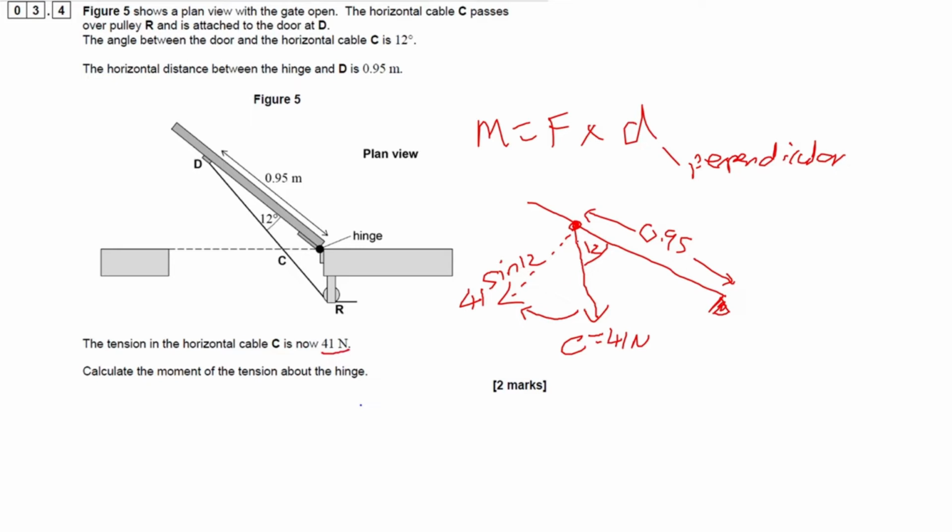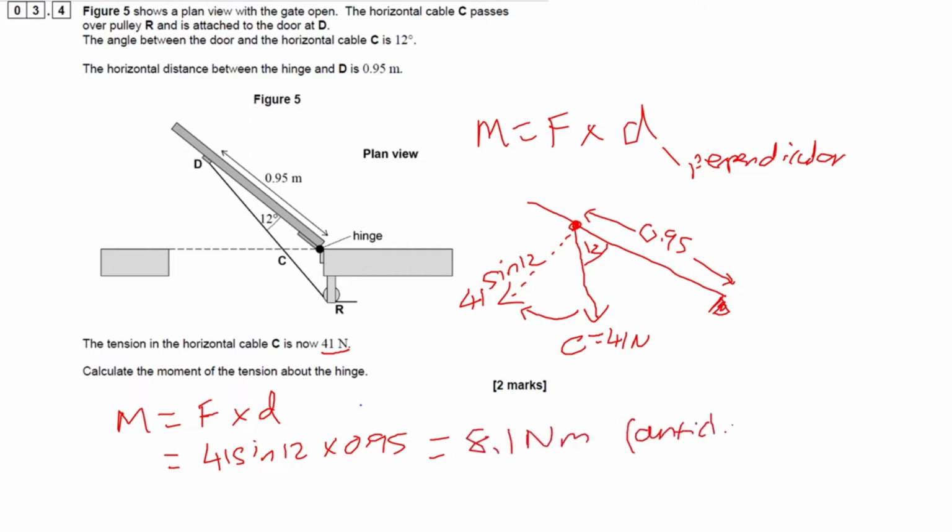So the component that is perpendicular to that distance is 41 sine 12. So now my force, 41 sine 12, and distance 0.95 are perpendicular, and I could use my moments calculation to find the answer, which is 41 sine 12 times 0.95, and that gives you a value of 8.1 newton meters, and that is anti-clockwise. Just to make sure we give a direction, it's not really needed, but it's an anti-clockwise moment.